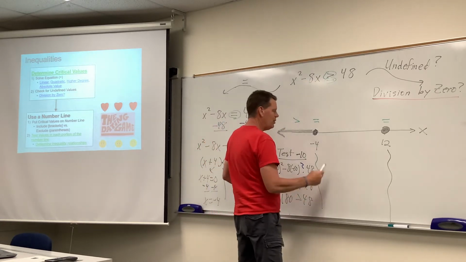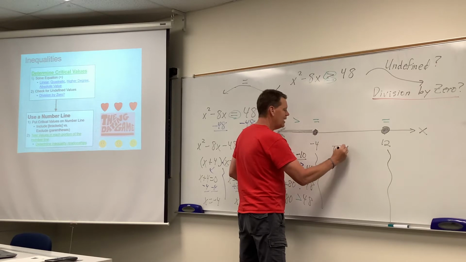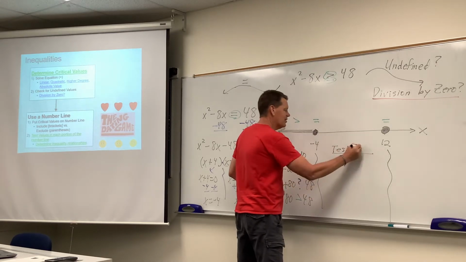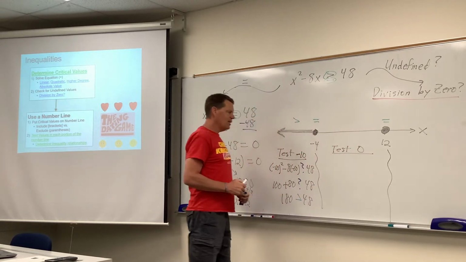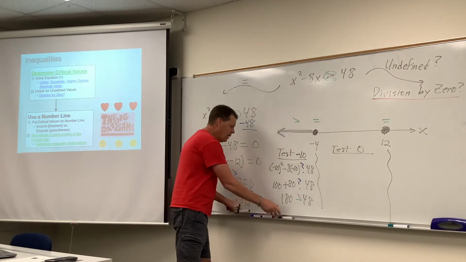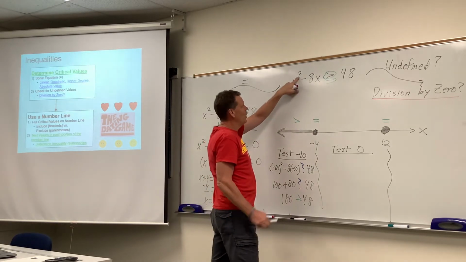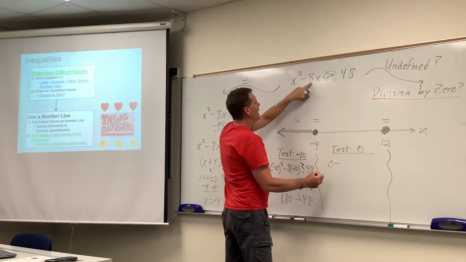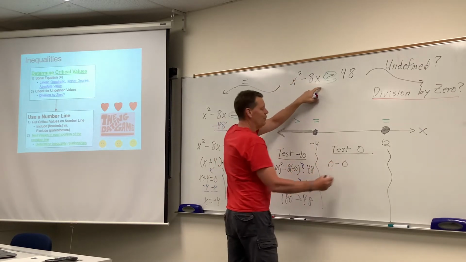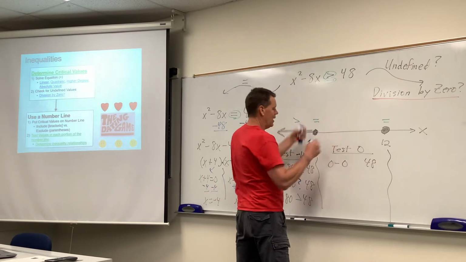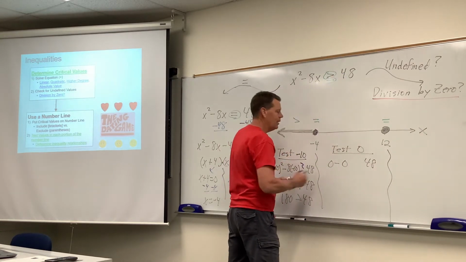Okay, then we pick a number between negative 4 and 12. I would pick 0. 0 makes the easiest math possible. So when you put 0 in for x, 0 squared is 0, and 8 times 0 is also 0. And this side's just 48 every time, isn't it? No math going on over there.